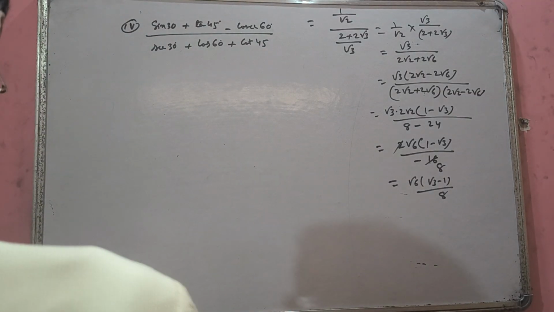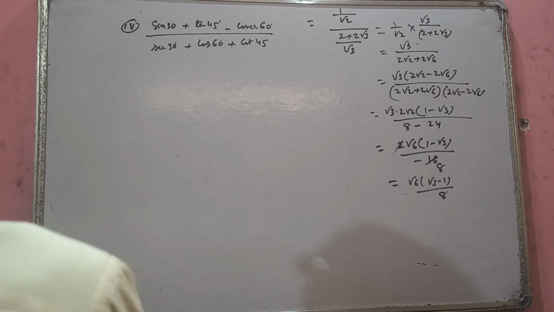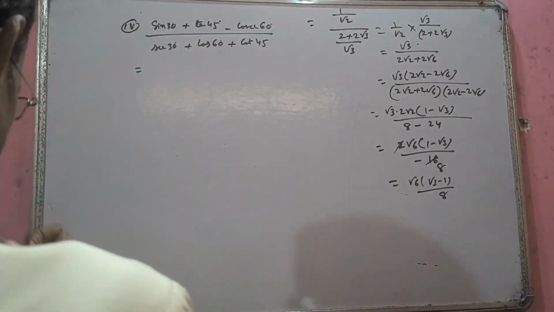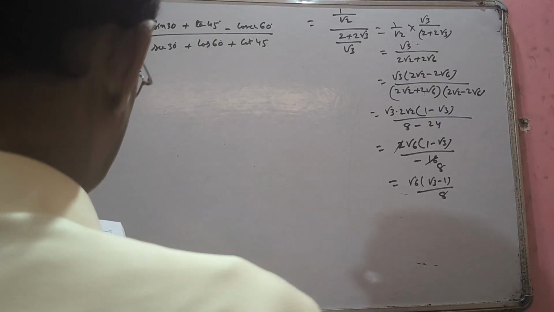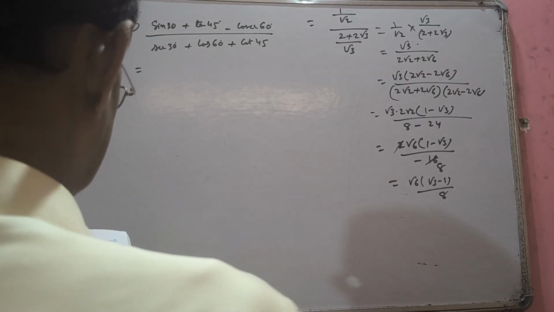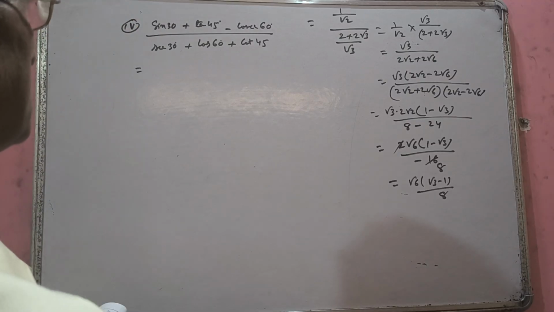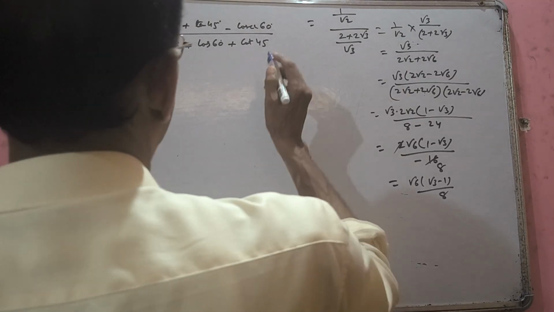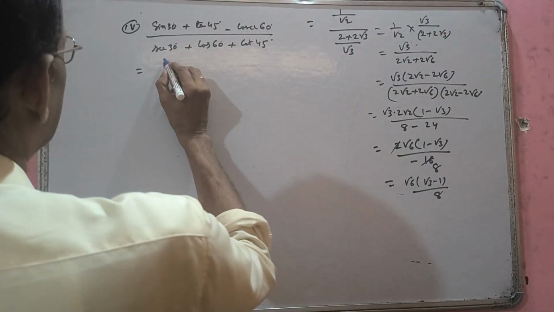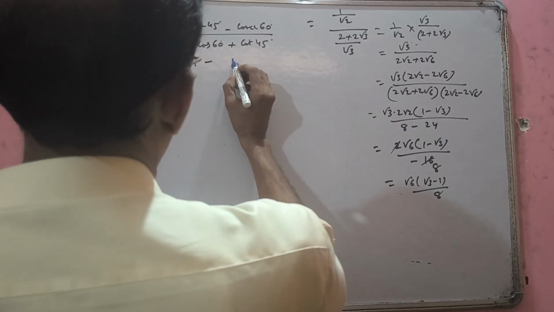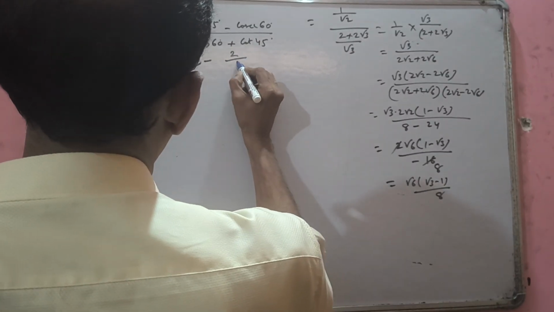Just we have to put the numerical value. Check the question: sin 30 degree, tan 45 degree, cosec 60 degree, sec 30 degree, cos 60 degree, cot 45 degree. Okay, then the value: sin 30 degree value, you know, half, tan 45 degree 1 and cosec 60 degree is 2 by root 3.